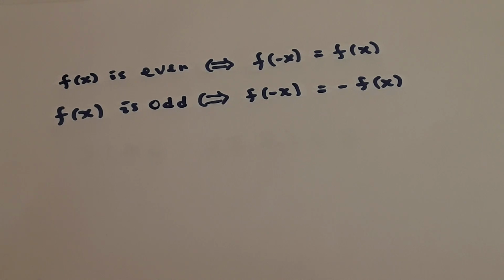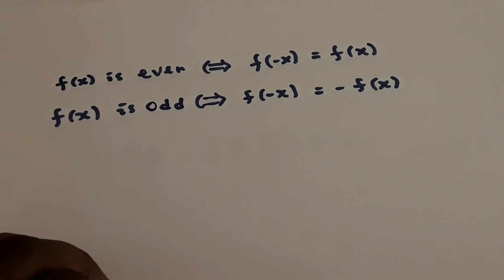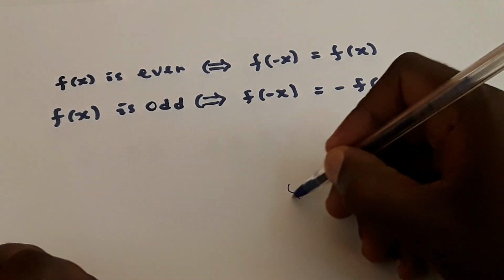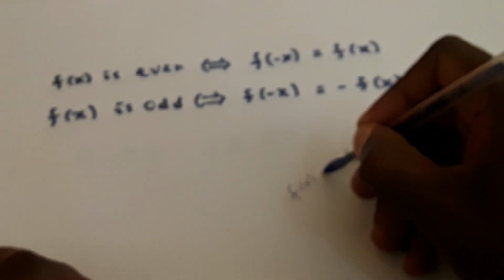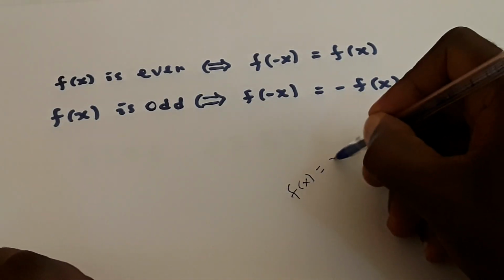We have an even function if f of minus x is f of x, and f is said to be an odd function if f of minus x is minus f of x. Let's say the function f of x is x squared.